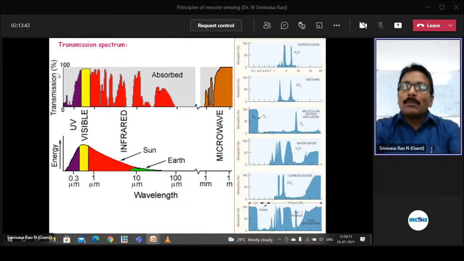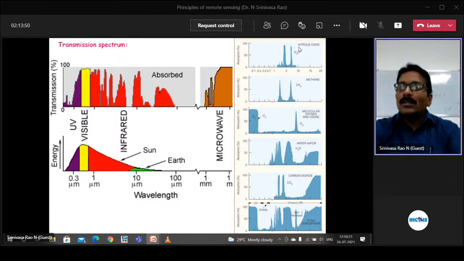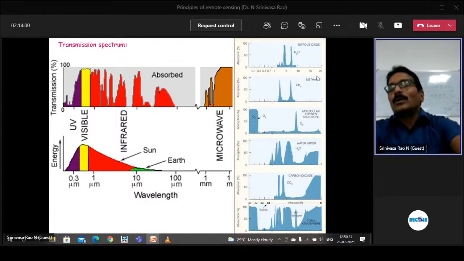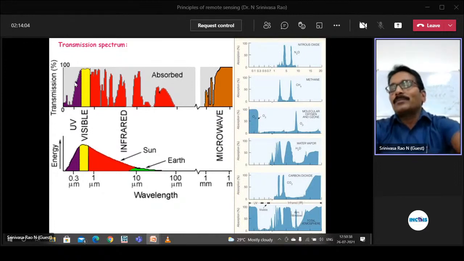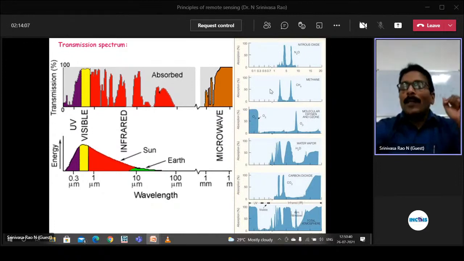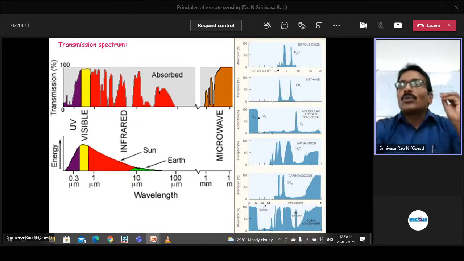Based on the atmospheric behavior, if you come to the atmospheric gases, for example, if you want to study nitrogen N2O gases, nitrous oxide, these are the absorption wavelength bands. These are the absorption and these are the transmission. If absorption is more, there is less transmission. If nitrous gas, at what wavelength does the absorption take place?